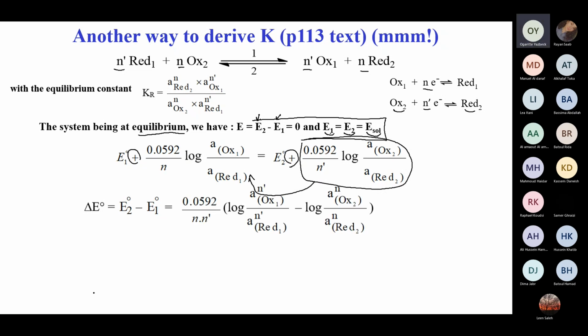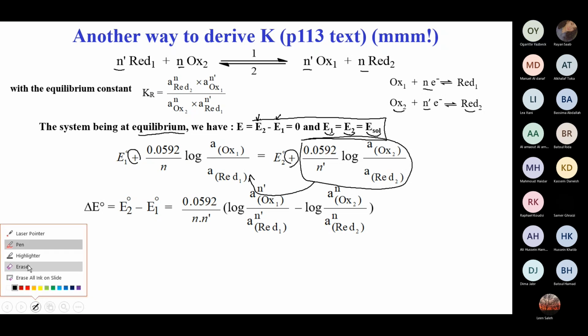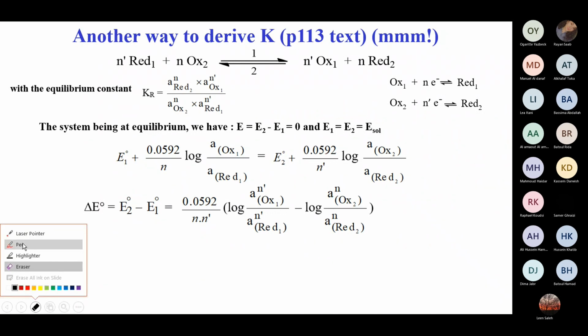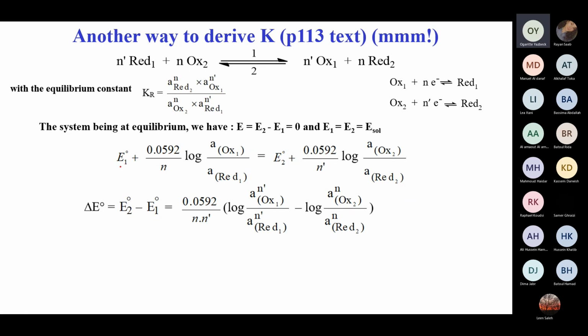Thus, and if you do that, let me erase now. So I got this E1 over here, and this part I took there, it became a minus sign, meaning when it goes there it became minus.